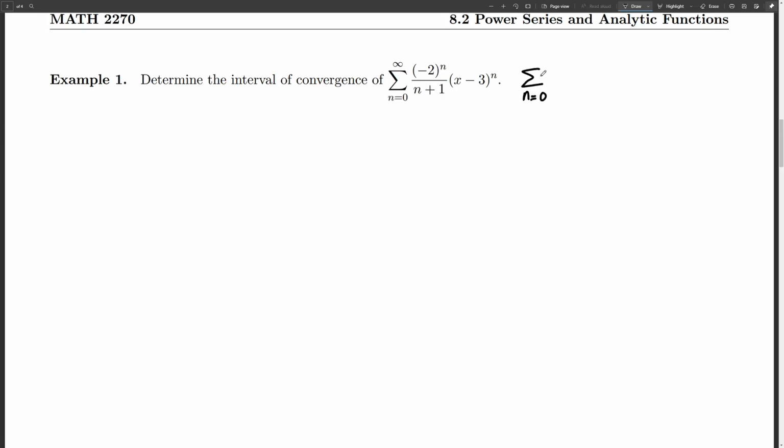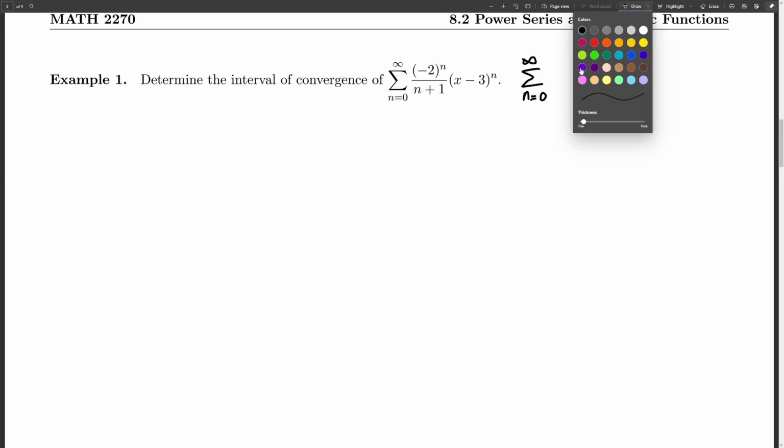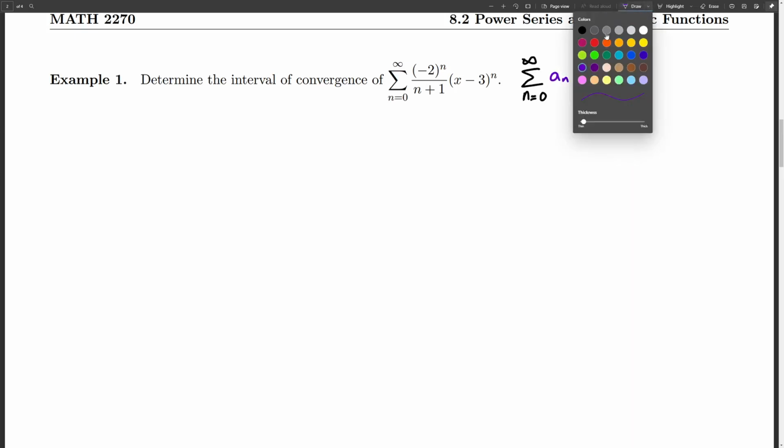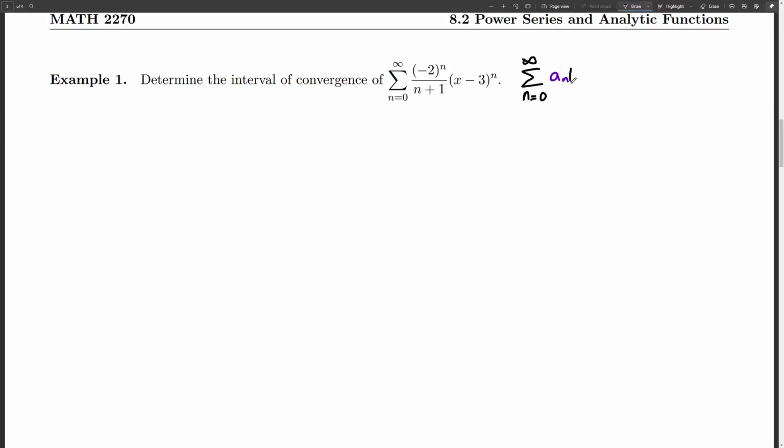The general form of the power series is the sum from n equals 0 to infinity of a sub n times x minus x naught to the power n.